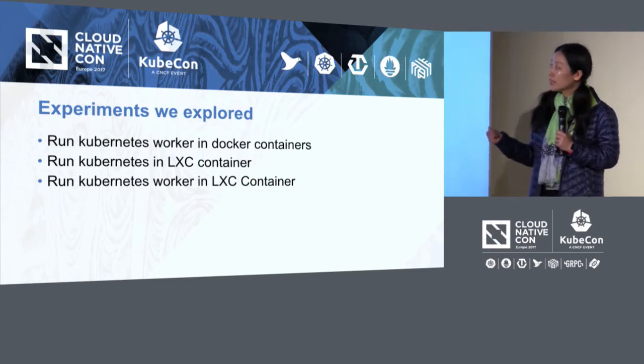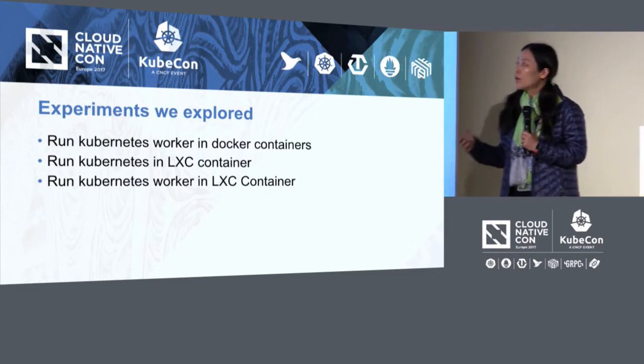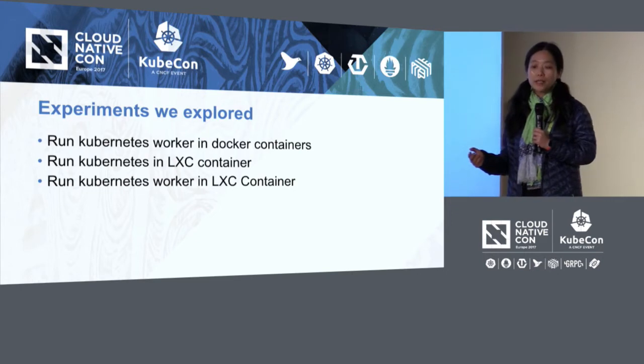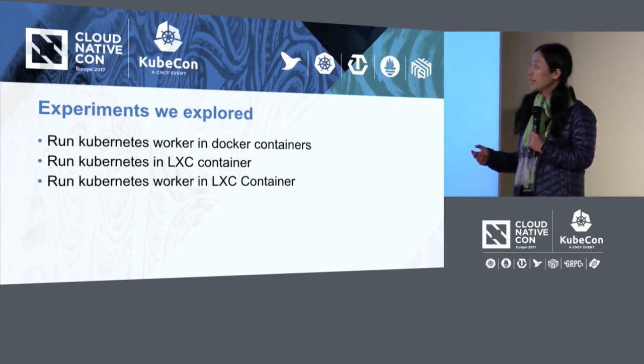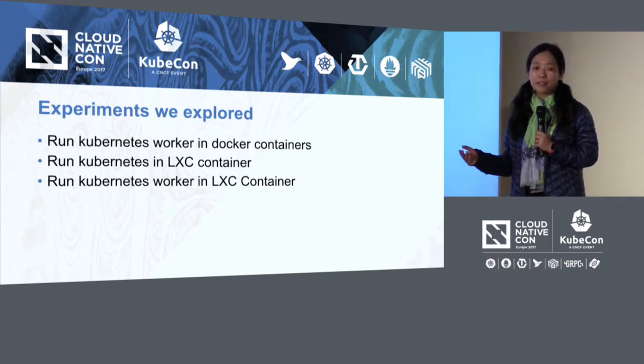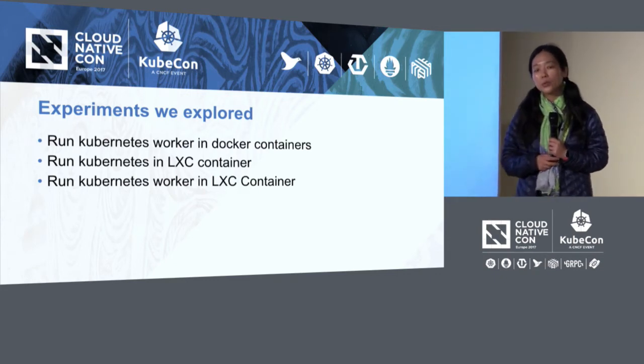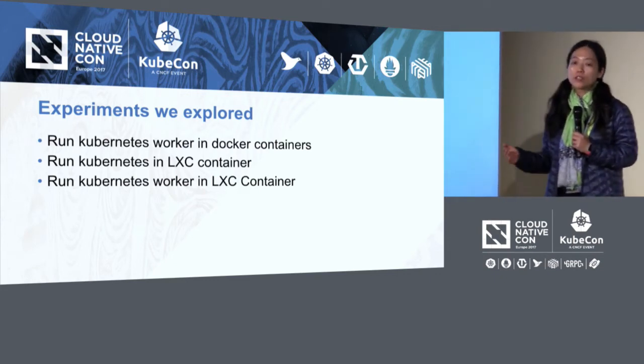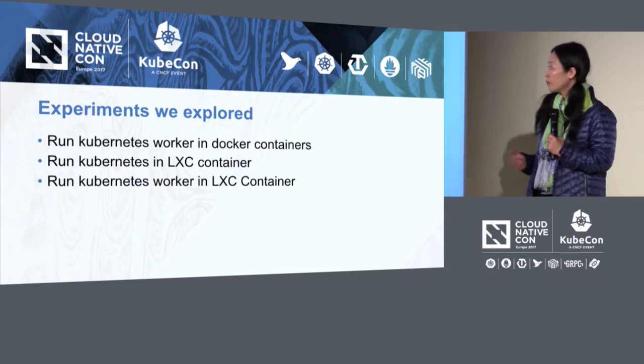And our second experiment was, why don't we just run the whole Kubernetes using Linux containers? By leveraging Linux containers, we provide the isolation we need for each of the tenants using our free tier.